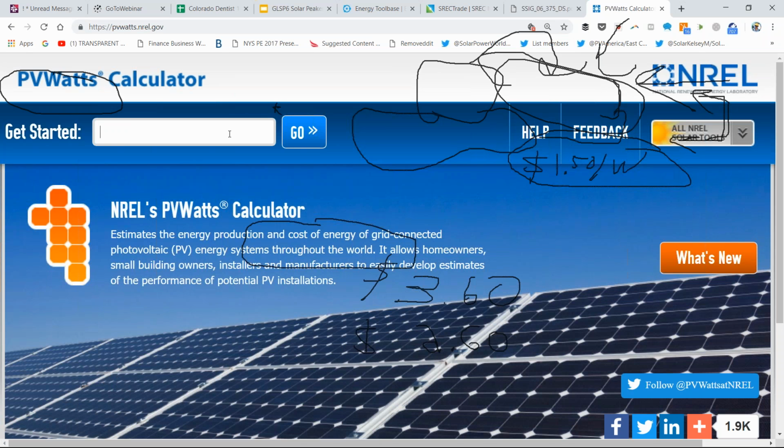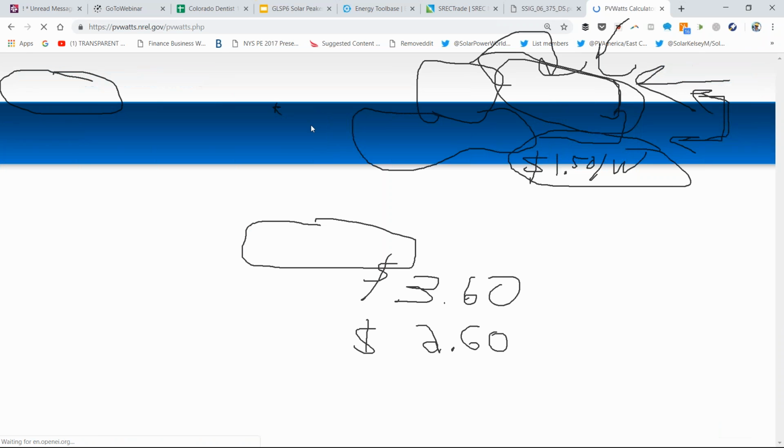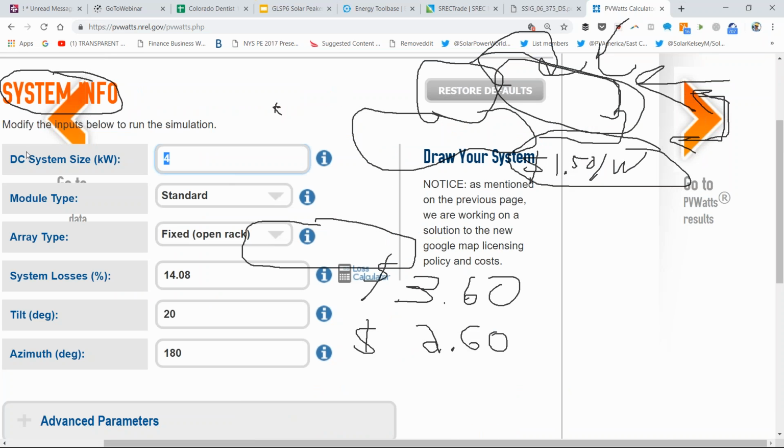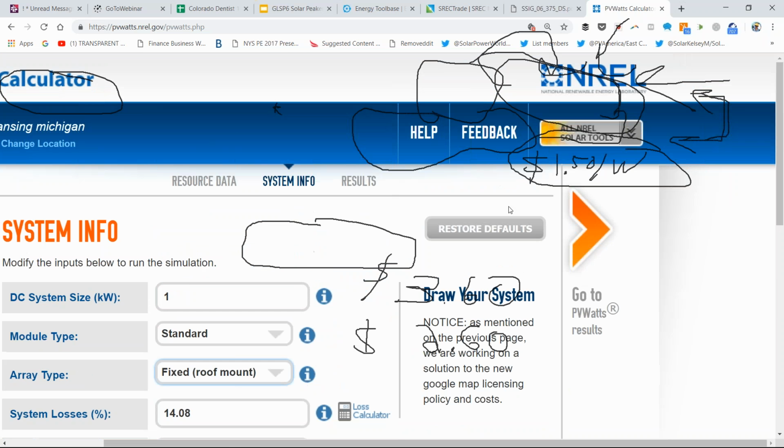But we go back to PVWatts, and we'll put in Michigan, and we'll do just a 1 kilowatt solar array on the roof, keep everything else the same.